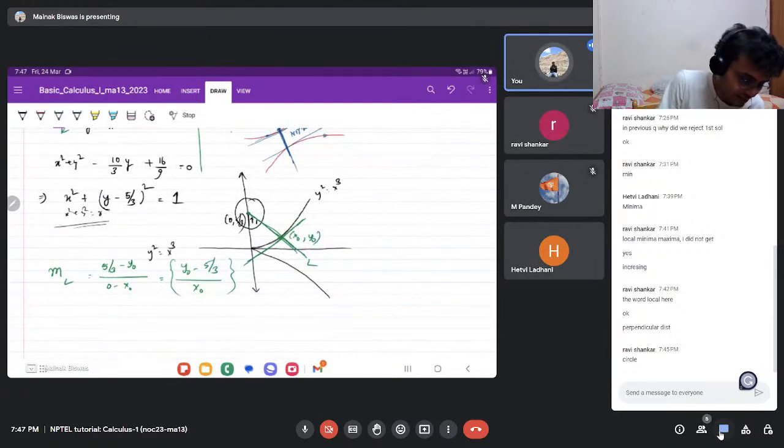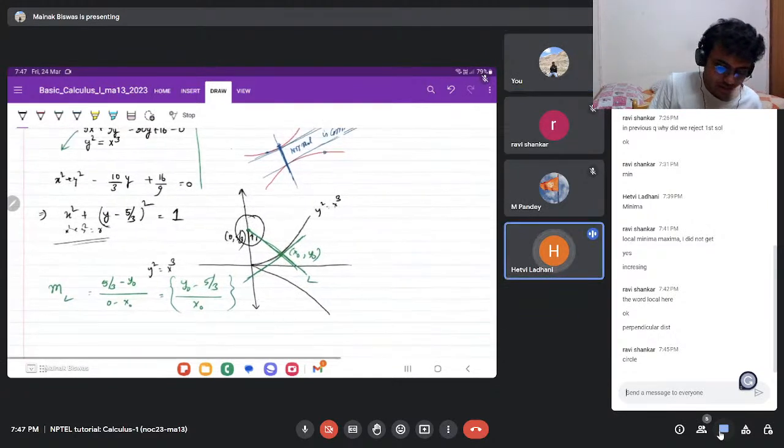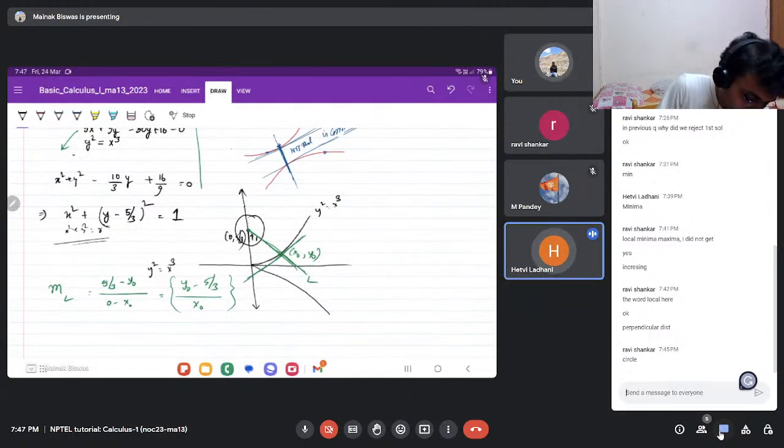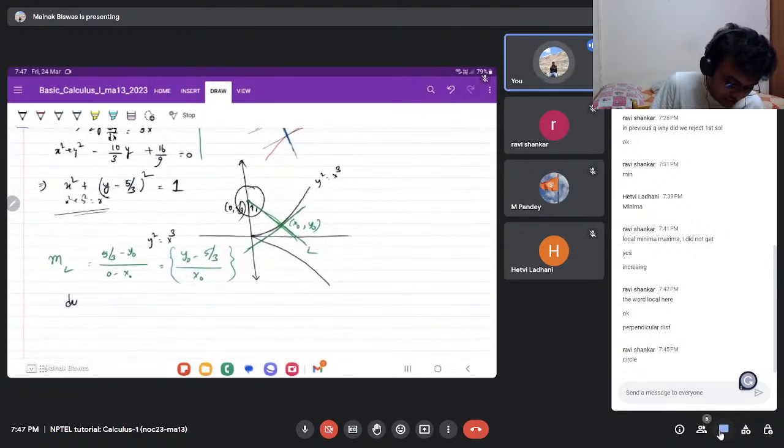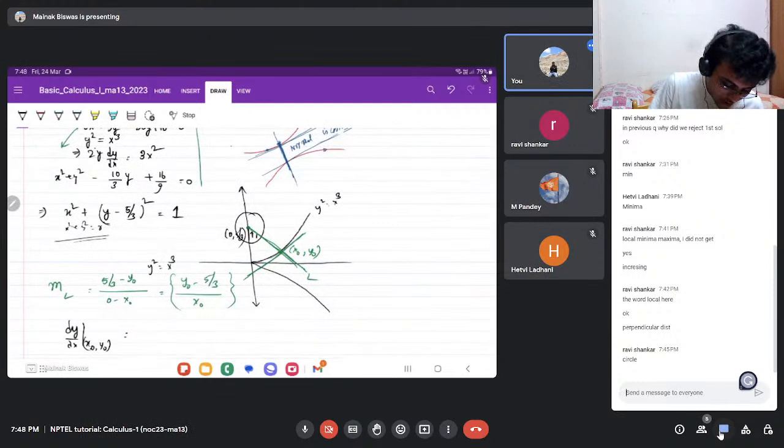From where will I get it? Differentiate y square is equal to x cube. Very good. This is what I wanted. So I'll get dy dx is equal to 3x square by 2y. So I know dy dx at x0, y0 is equal to 3x naught square by 2y naught.